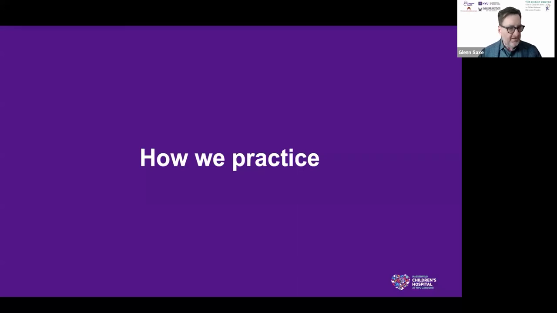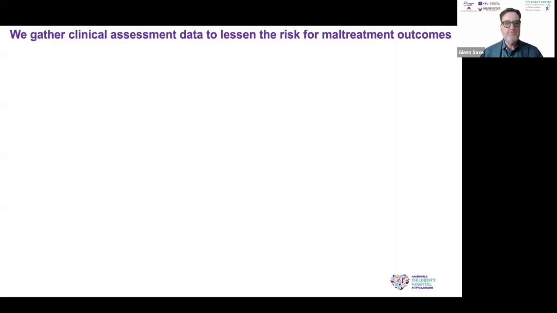So let's define how we practice. And I understand, of course, everyone is different and practices differently. So I'm making some general comments to build the case for how things could be adjusted differently.